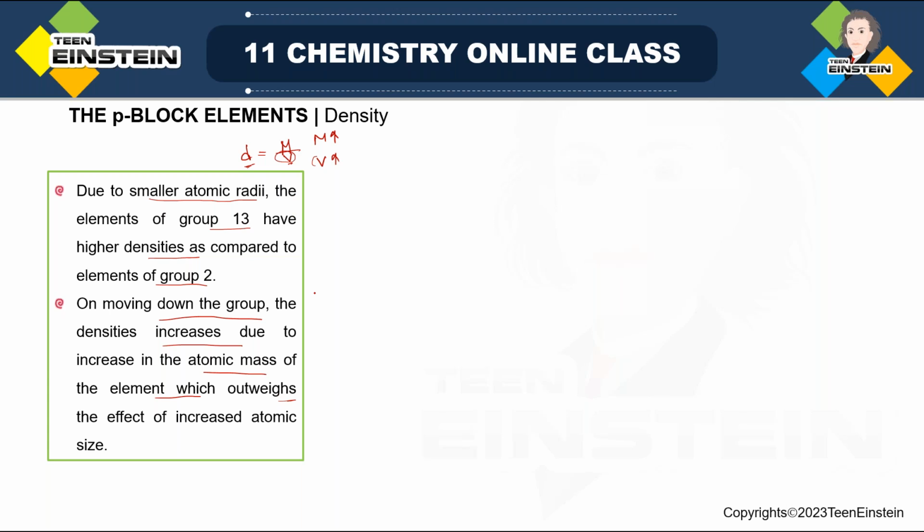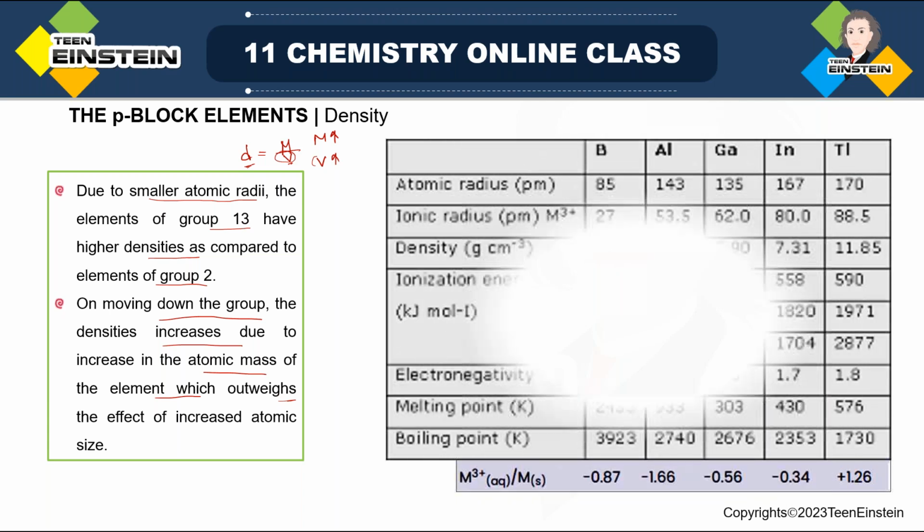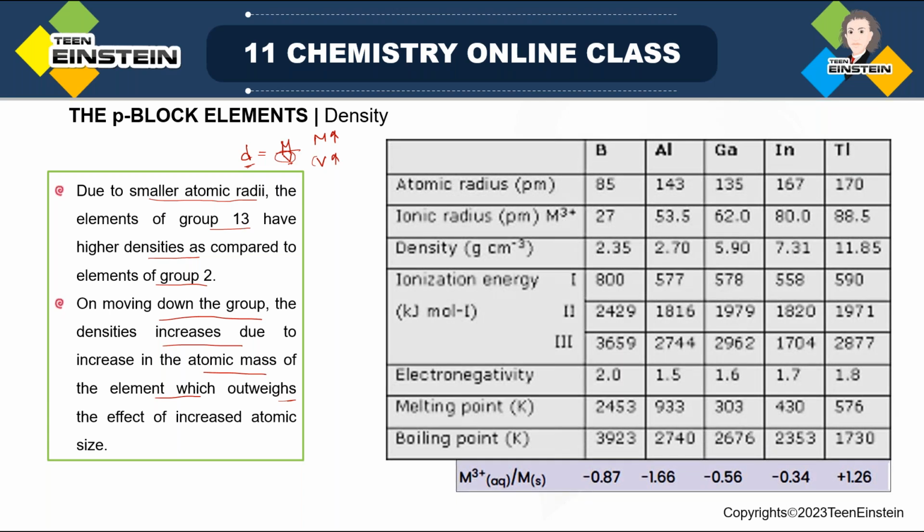So until now we have discussed different properties: ionization energy, atomic size, electronegativity, melting point, boiling point. If we combine and summarize altogether in a single table, it will be like this. We will see a summary of whatever we have seen until now regarding the properties.